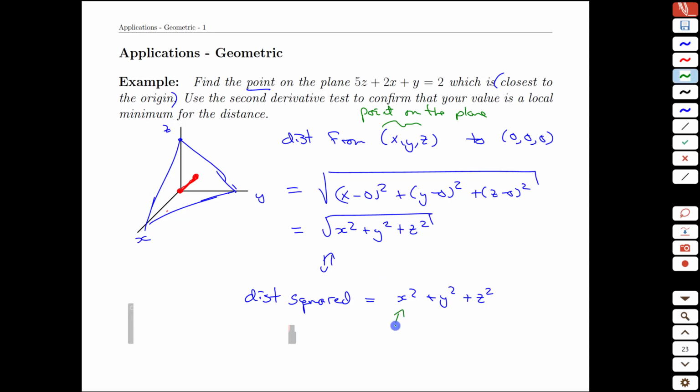So that's what we're going to work with in this problem because of that simplification. There's no problem working with this one here. It just ends up with more complicated looking derivatives, but giving us the same answer in the end. So we're going to focus on this, look for minima, but also taking into account the fact that we're working with a plane to help us narrow down our selections of x, y, and z.